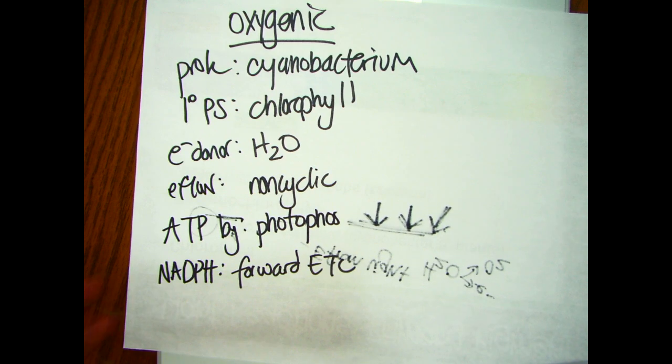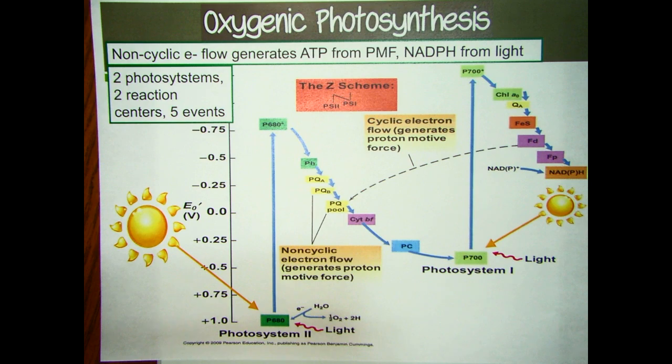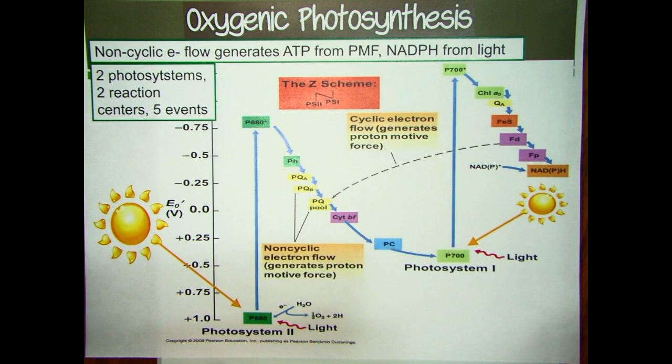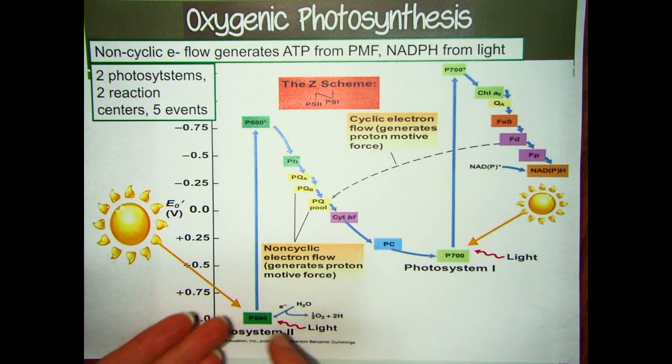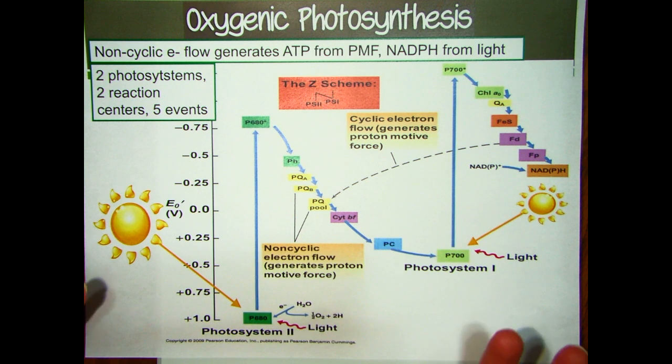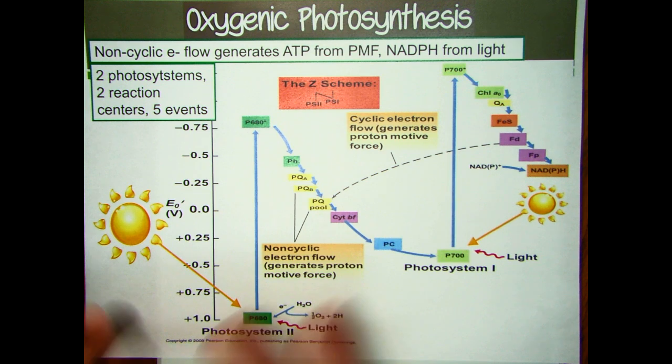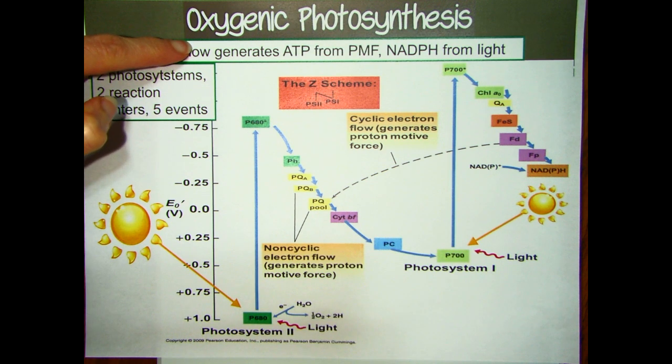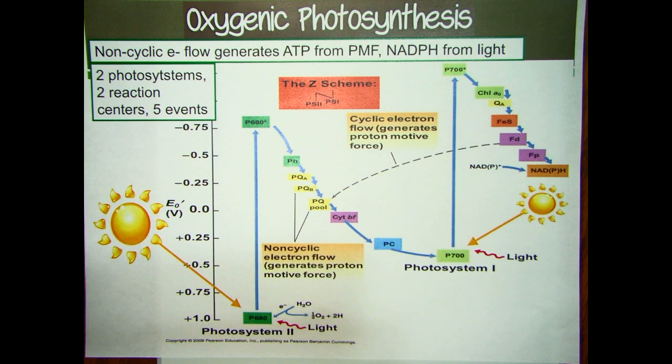Okay, so let me show you this diagram again. This is showing all of the different parts of the electron transport chain with the reduction potential chart here. So the sunlight shines. I could not get a squiggly arrow, just pretend that it is one. Onto the photosystem, the energy is directed to the reaction center pigment, which, since we are doing oxygenic photosynthesis, we know that pigment is chlorophyll.